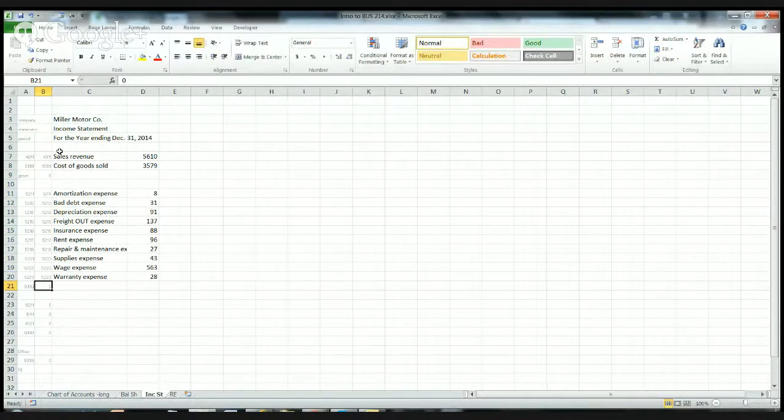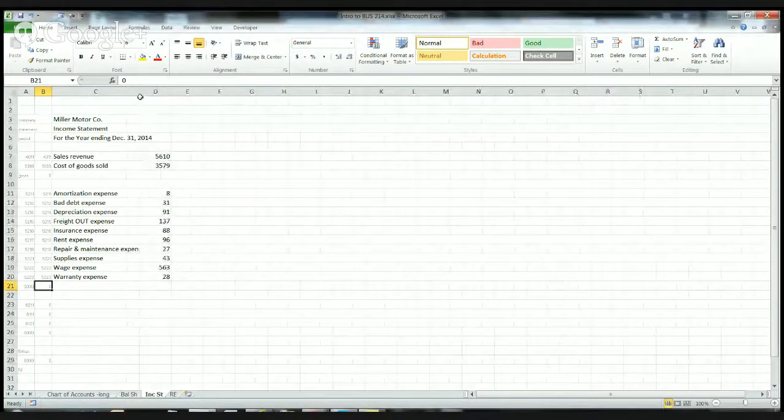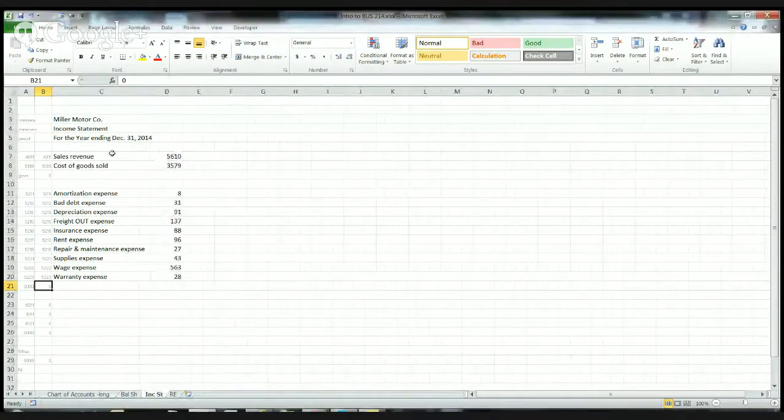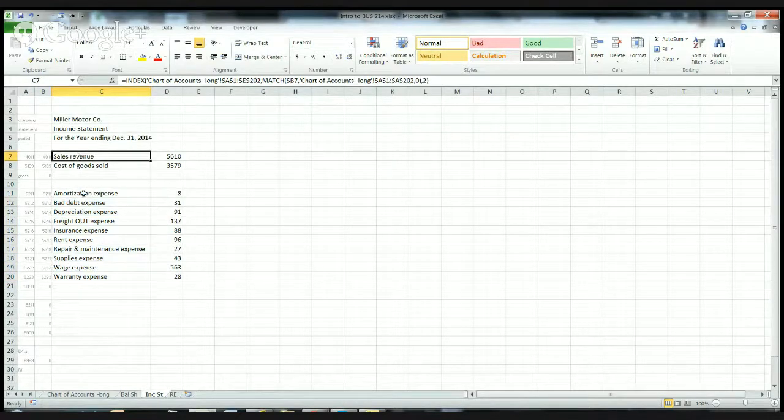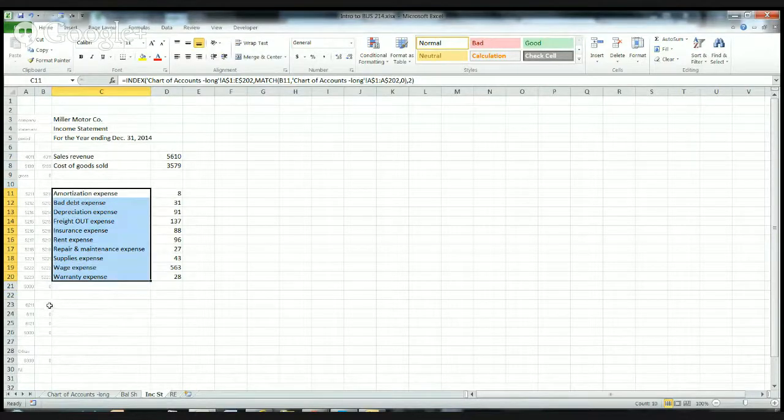Now, again, I don't want to memorize all this stuff. Look, found in what? The word expense. Whoopee. I don't have to memorize that. If it's an expense, it appears on the income statement. There's 4 kinds of accounts that appear on the income statement. Revenues and expenses are the 2 biggies.